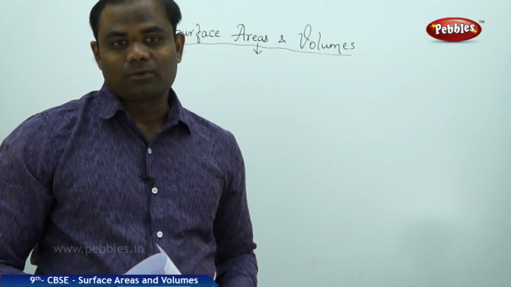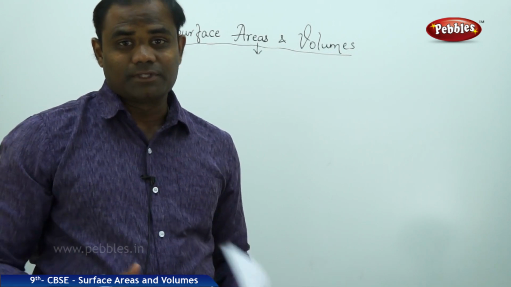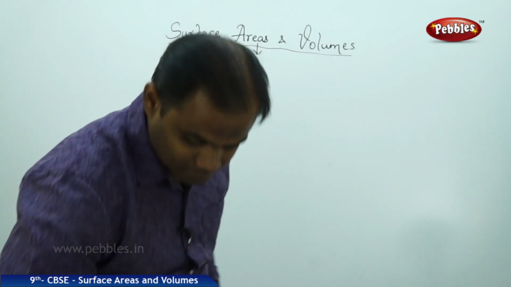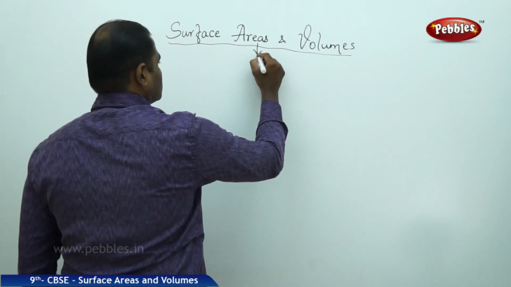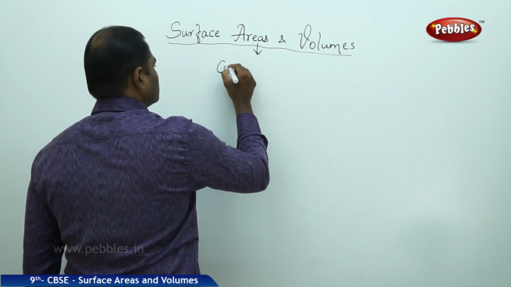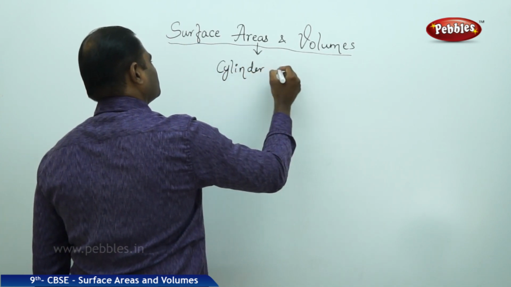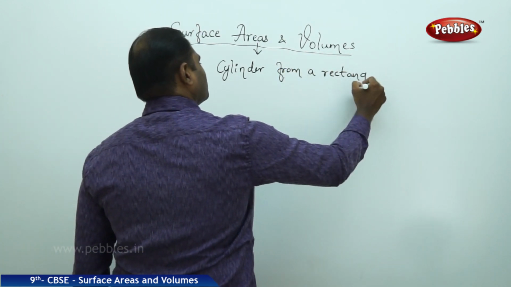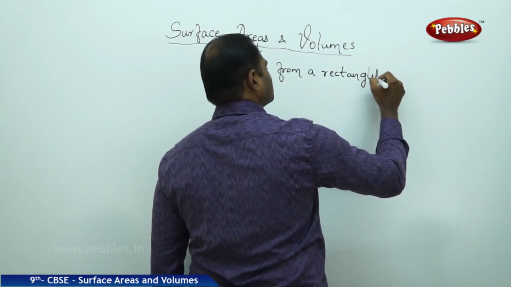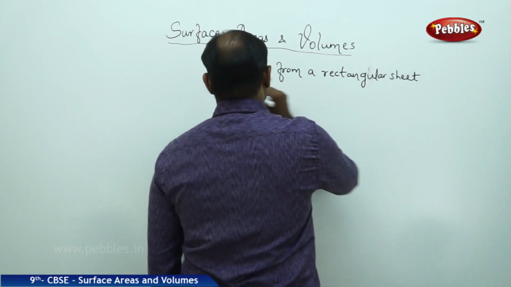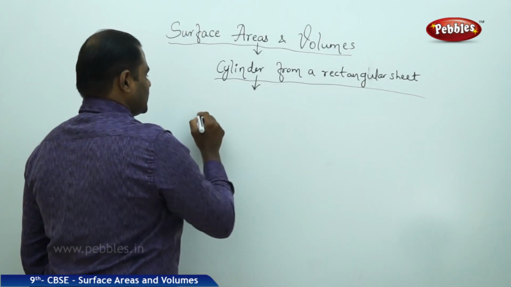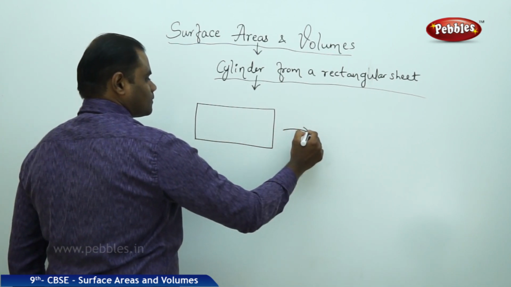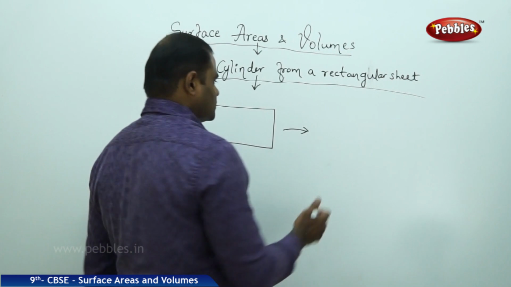So this session is about understanding the construction of a cylinder from a rectangular sheet of paper. As we have seen, a rectangular sheet of paper, when rolled, forms a cylinder.